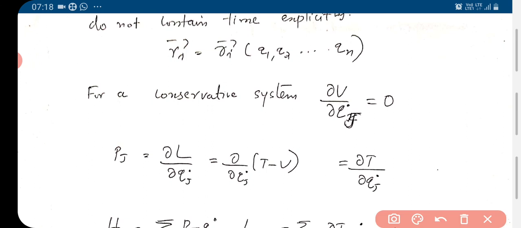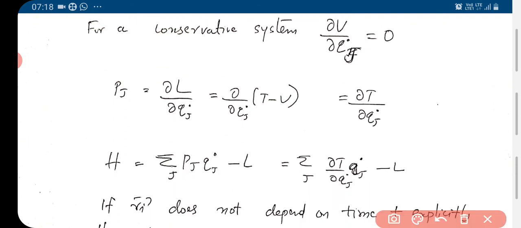For conservative systems, since V does not contain the generalized velocity, ∂V/∂q̇j is equal to 0. So pj, that is ∂L/∂q̇j, is equal to ∂/∂q̇j of T minus V, and since V is not a function of velocity, that is ∂T/∂q̇j.